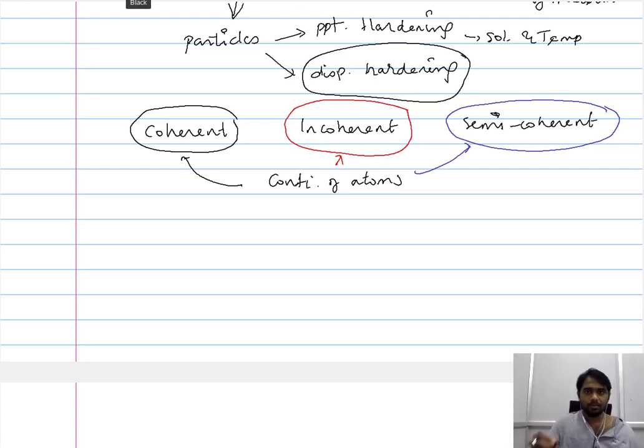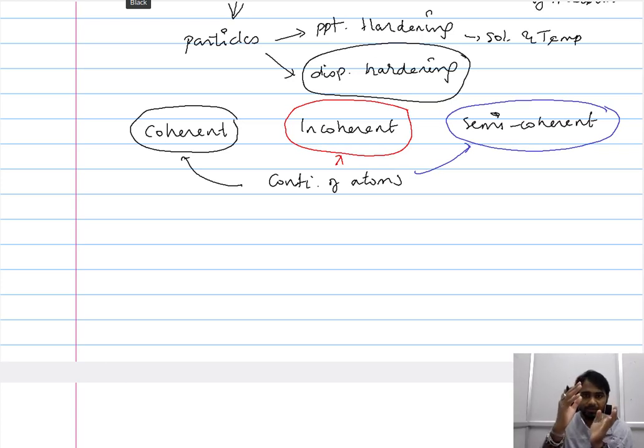Supposing you have 2 phases that are separated by an interface, and you can calculate the interatomic spaces, or you can also calculate the distance between the 2 planes. These planes are nothing but the atomic planes, and these planes vary in accordance with the crystallographic orientation.